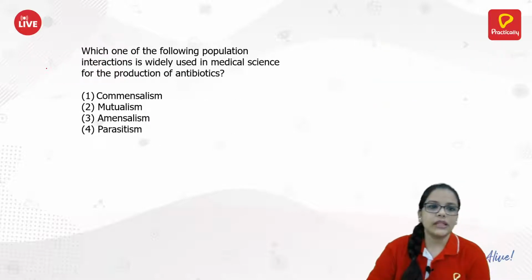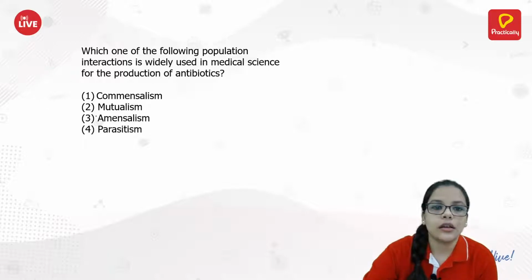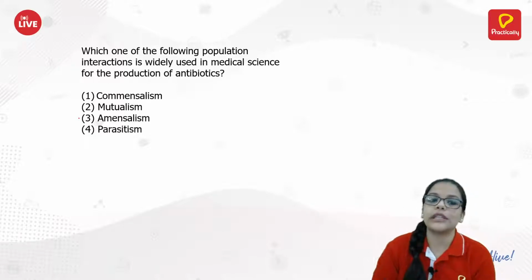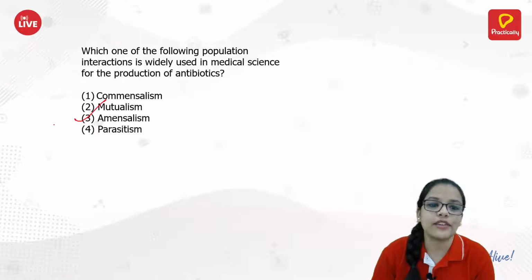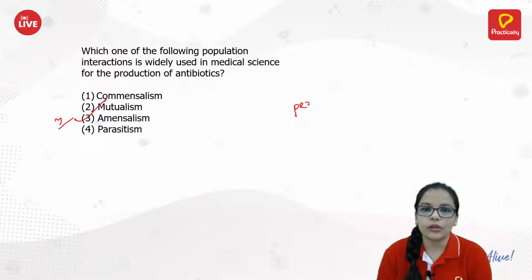Okay. Next, which of the following population interactions is widely used in medical science for production of antibiotics? The answer is amensalism. It is a direct question from the NCERT book. Suppose penicillium, it produces the antibiotic penicillin.